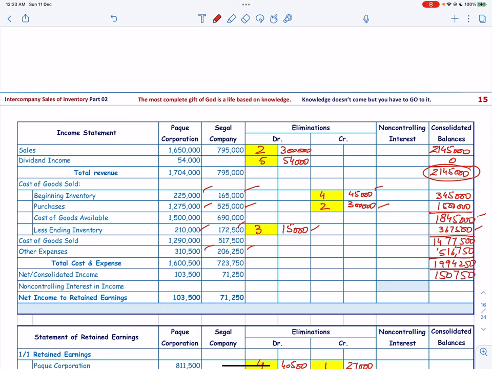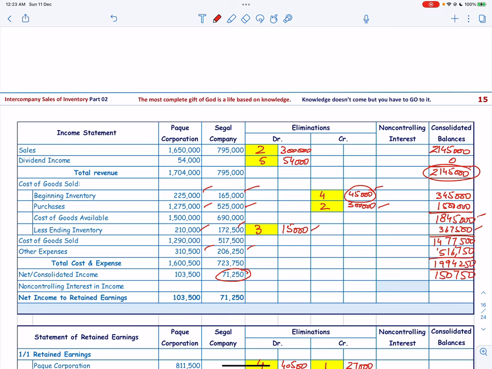Next, we will find out the net income for the consolidated section, and this is interesting. Now for this, we are going to calculate the non-controlling interest from the net income of S company. The total net income is 71,250, but we are going to add this 45,000 that we have already reduced this amount by crediting the beginning inventory.